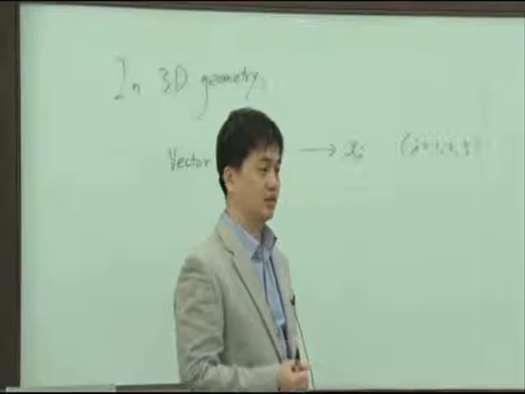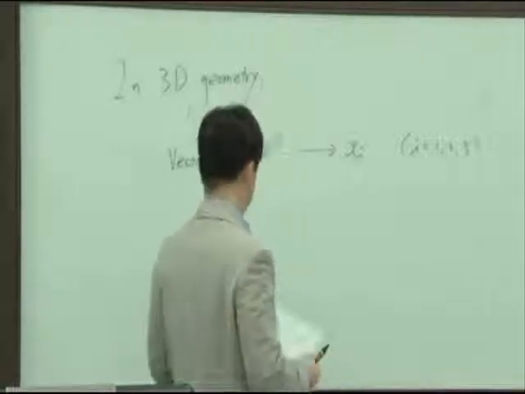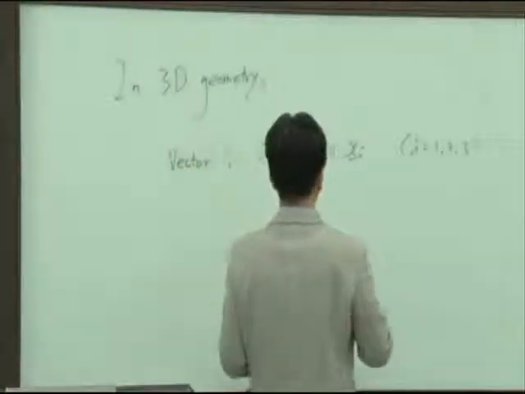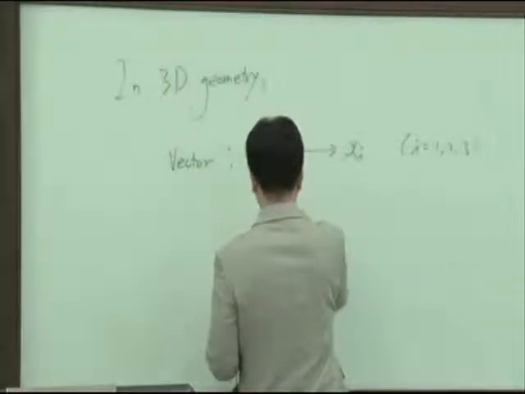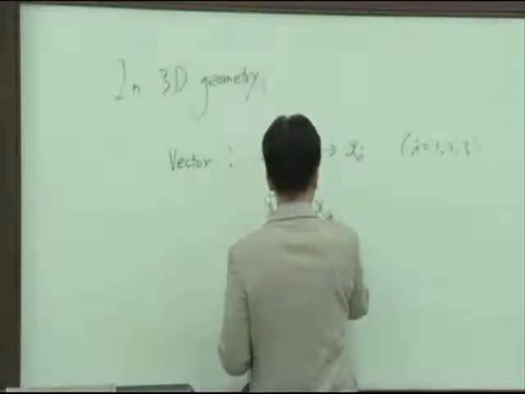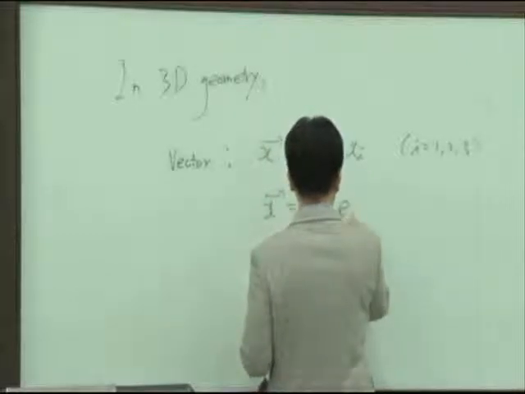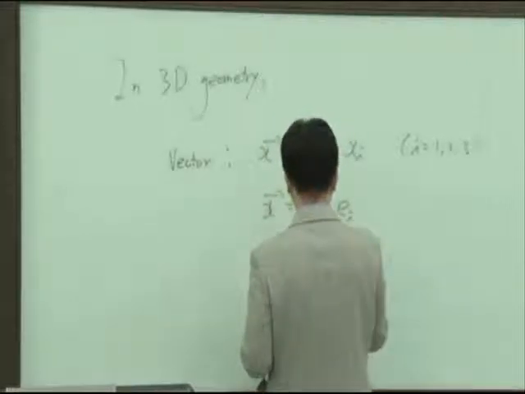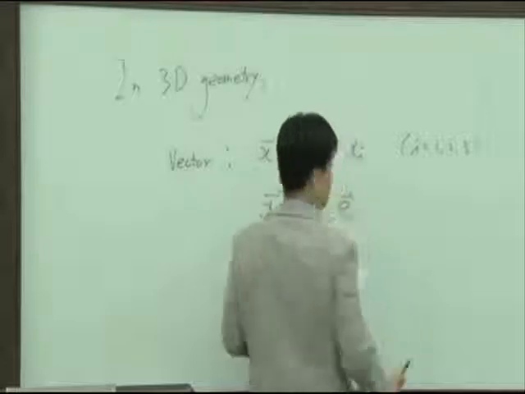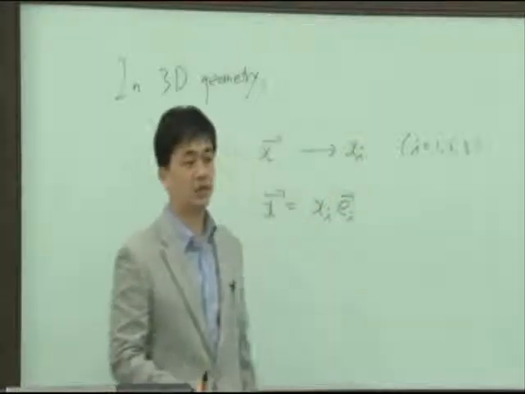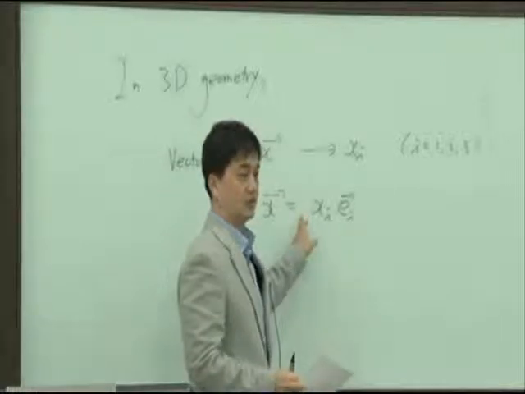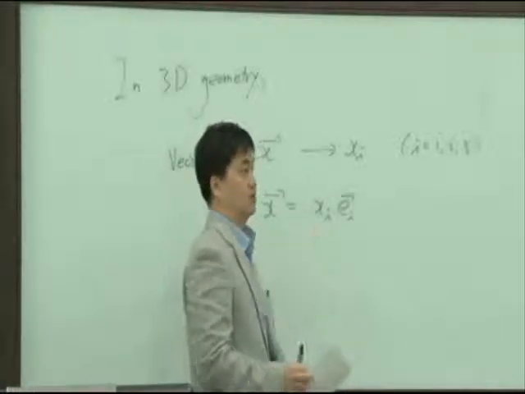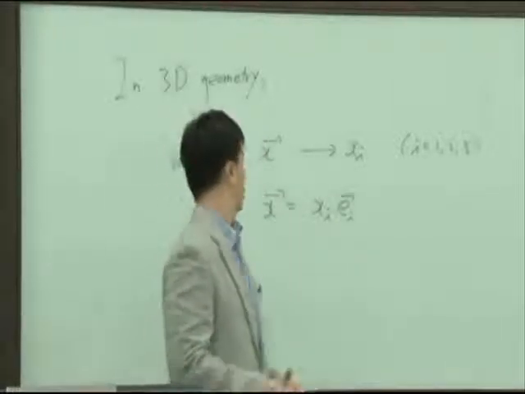You can understand it like this. And this means x has a component xi in some given coordinate system defined by base vector ei. And we omitted the summation.